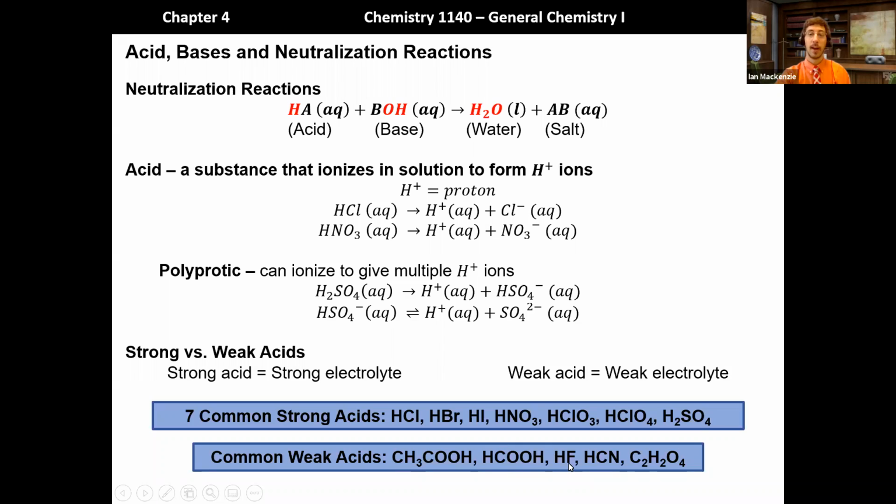Additionally, hydrofluoric acid is a weak acid, as is hydrogen cyanide. And then this last one, oxalic acid, as well. It's not written in the same format, although it could be with acetic acid. It's actually a polyprotic acid. This is also a weak acid.